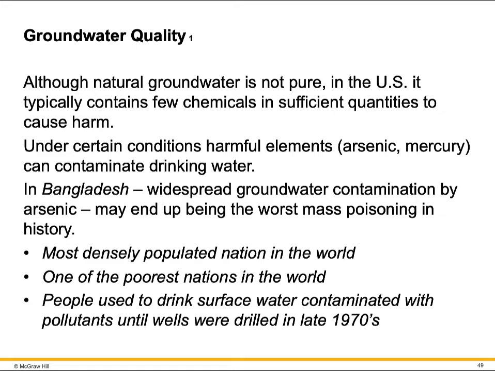Bangladesh is the most densely populated nation in the world. It's also one of the poorest nations in the world. People used to drink surface water contaminated with pollutants until wells were drilled in the late 1970s. One problem that Bangladesh has is that because they're poor, they needed to use the rainforest up in the hills.